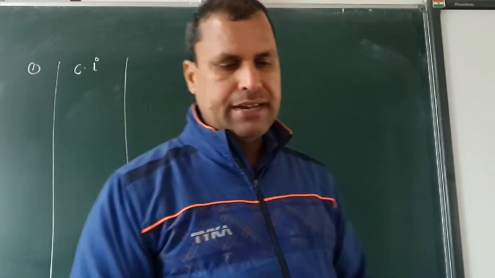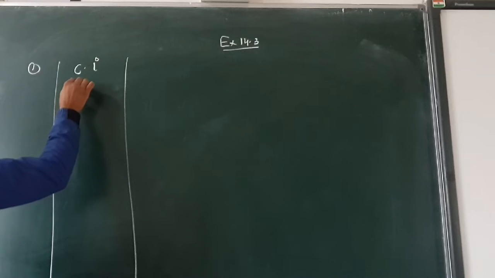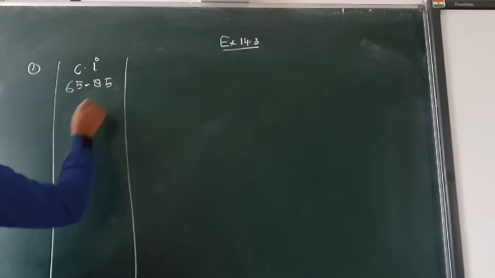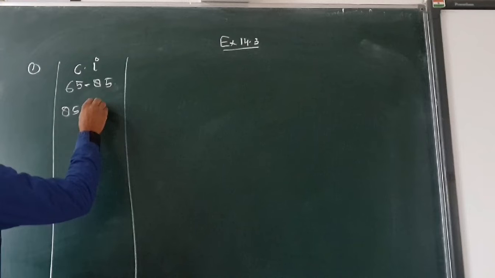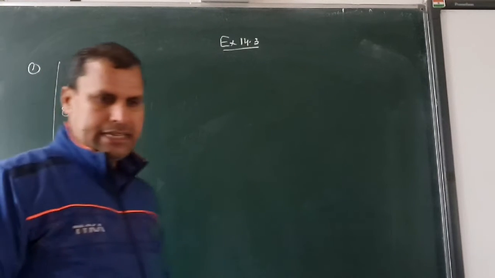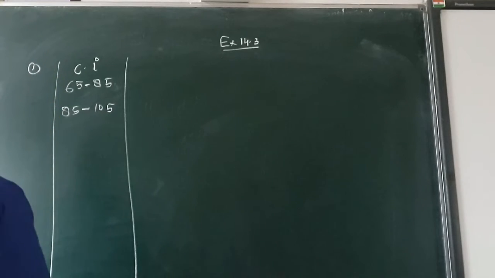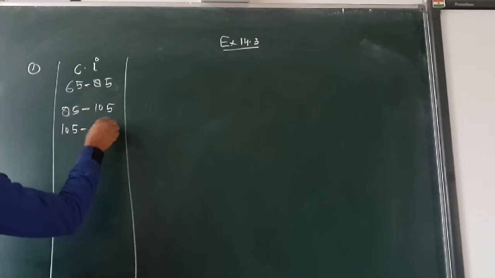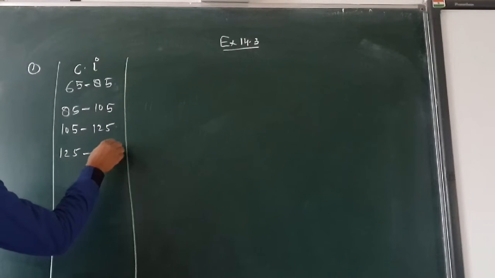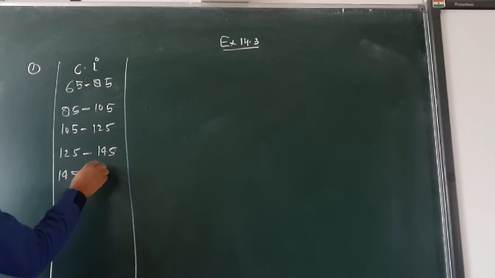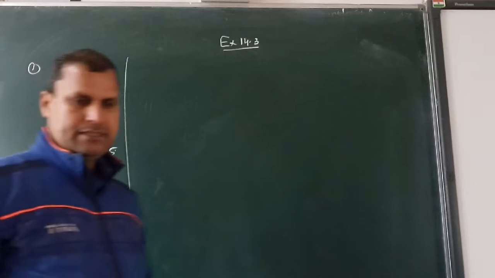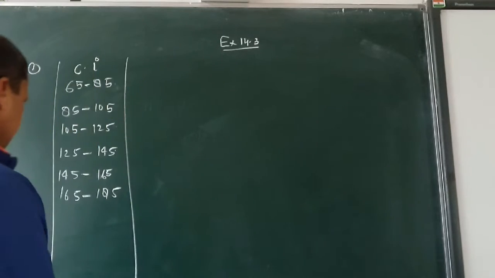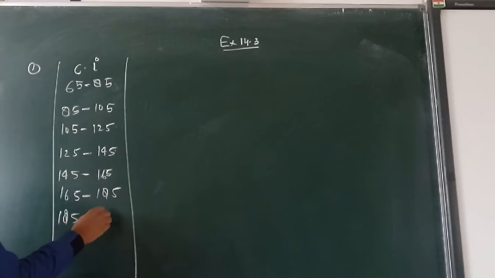The class intervals are 65 to 85, 85 to 105 (the class size is 20), 105 to 125, 125 to 145, 145 to 165, 165 to 185, and 185 to 205.